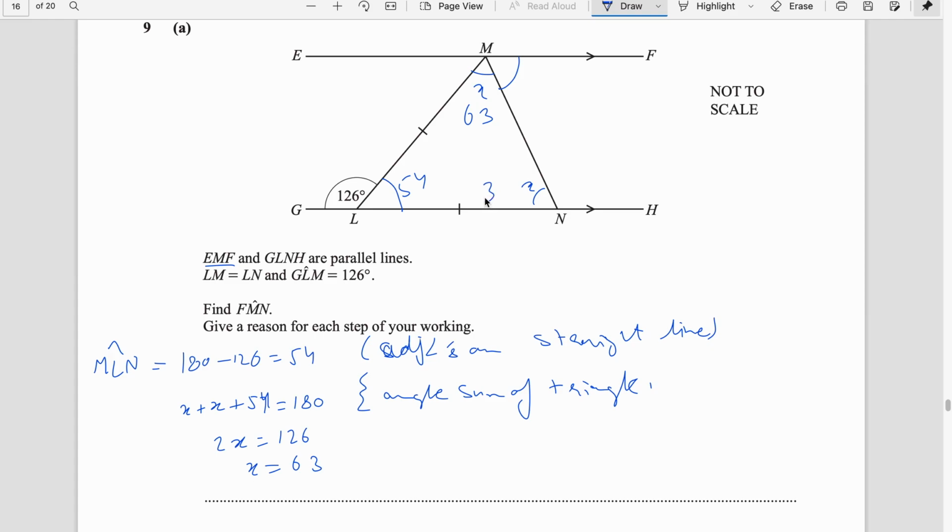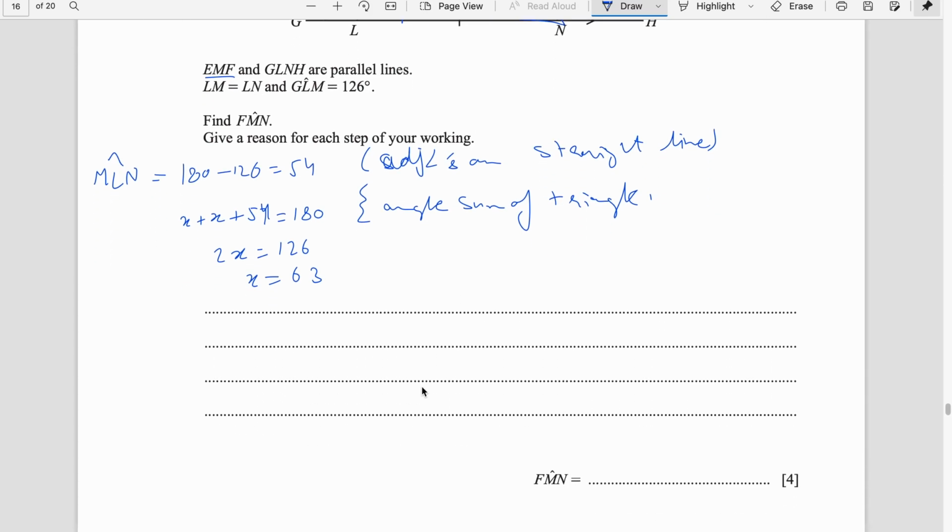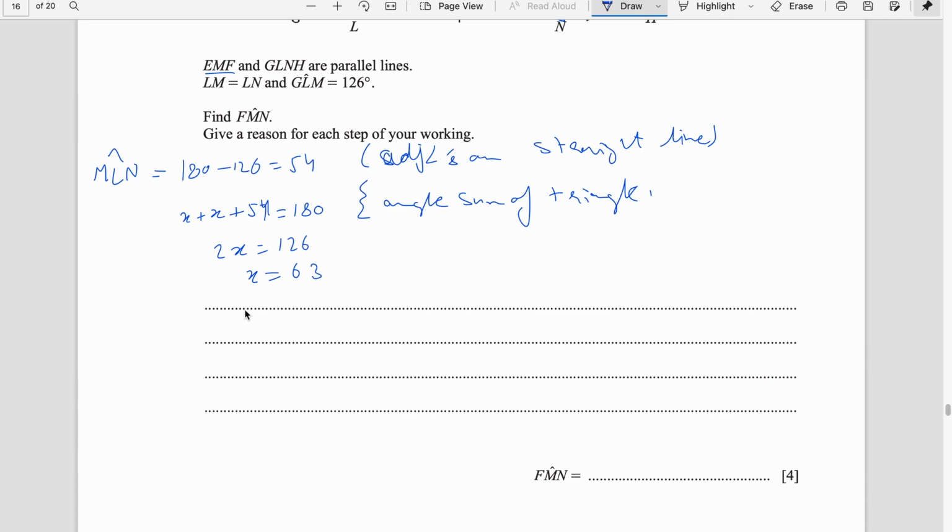This is 63. And we can see these are equal as alternate angles between these two parallel lines. So the main question was about FMN, which is equal to 63, alternate angles, 63 degrees.